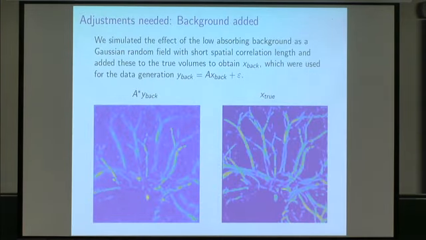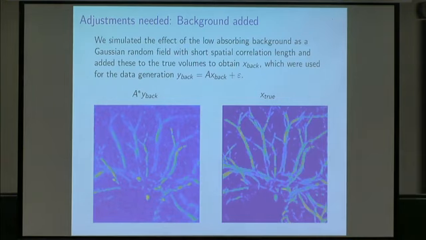What we did, we identified that the main problem is that our network takes everything as a feature. In biological tissue you have a lot of low absorbing regions that contribute to our signal, and those will be reconstructed. So we somehow need to teach our algorithm to threshold low absorbing regions.